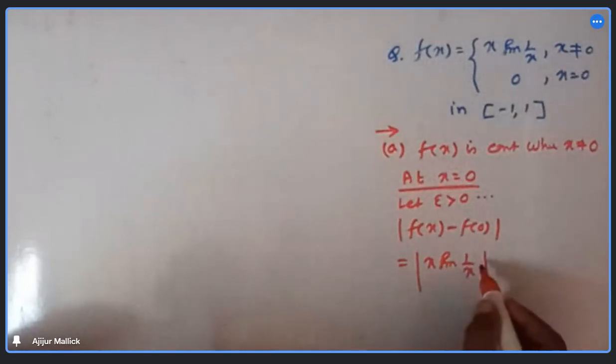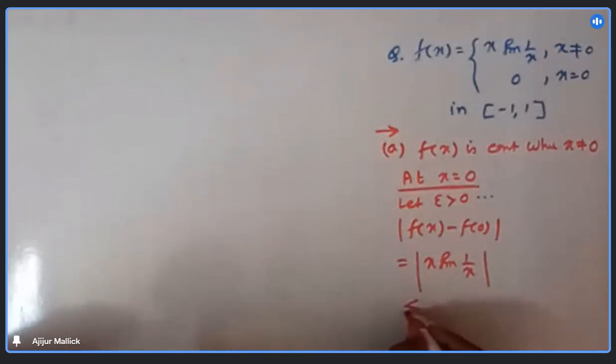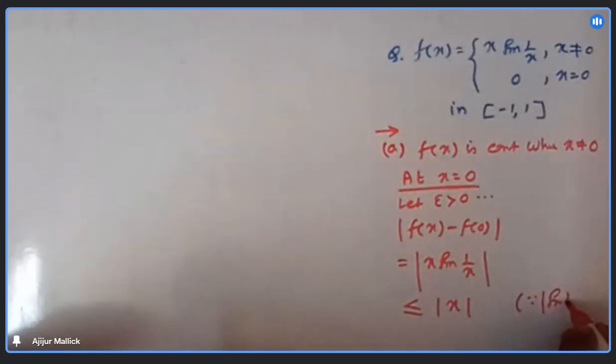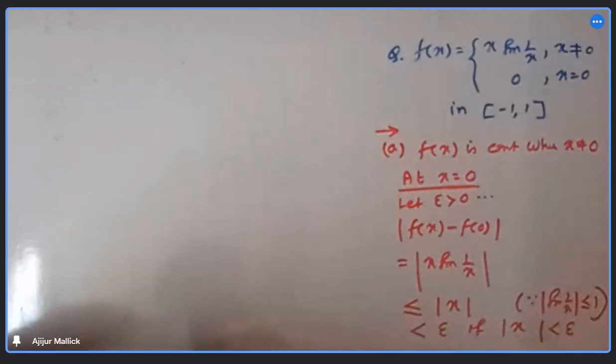So we have done: the value of the sine function will be less than or equal to 1. This is less than or equal to modulus x, since mod of sine 1 by x is less than or equal to 1. Now this is less than epsilon if modulus x is less than epsilon.